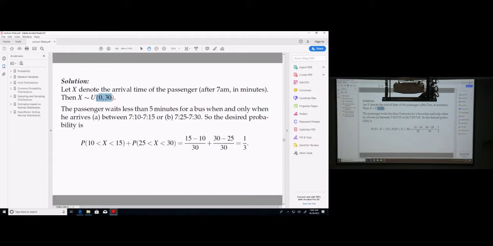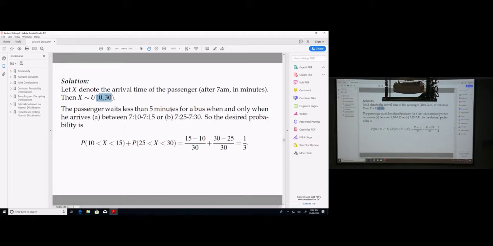All right, and if the starting point is A and the end point is B, the length of the rectangle would be B minus A, and as a result, the height of the rectangle has to be 1 over B minus A. So things are actually pretty easy.